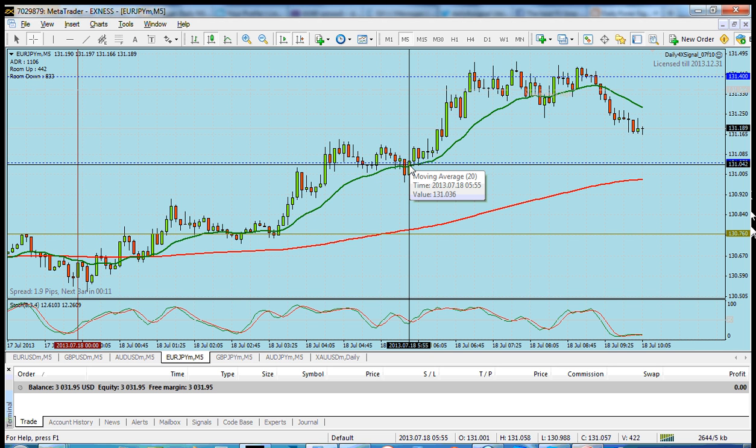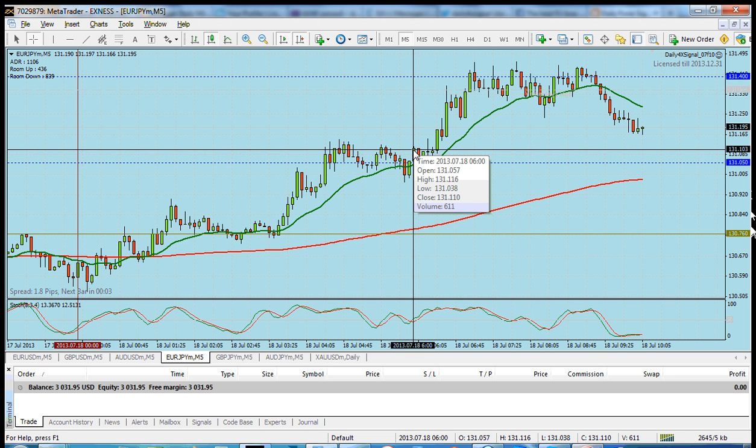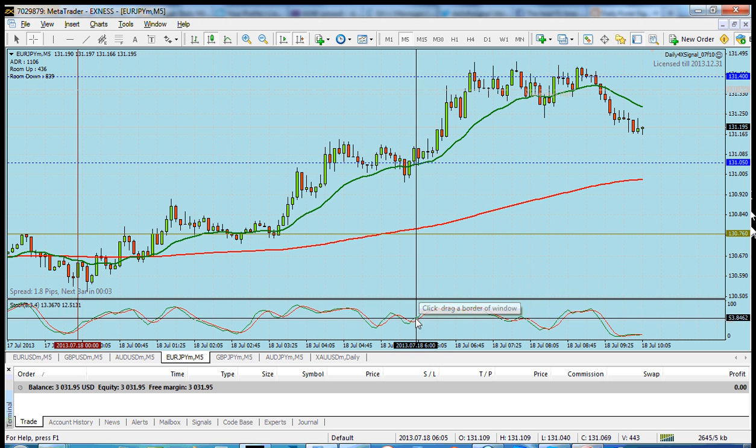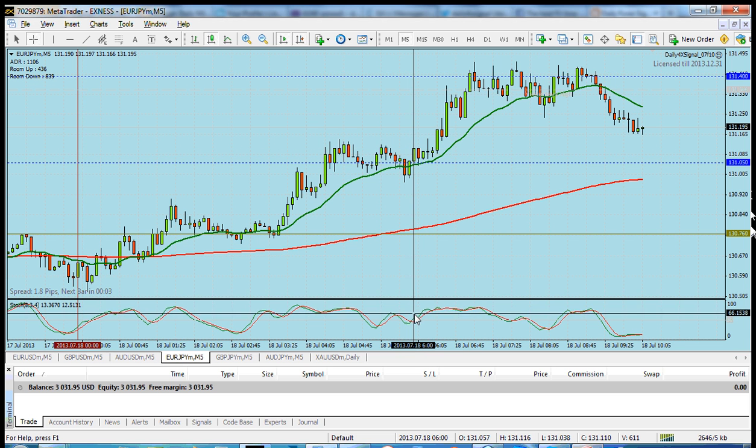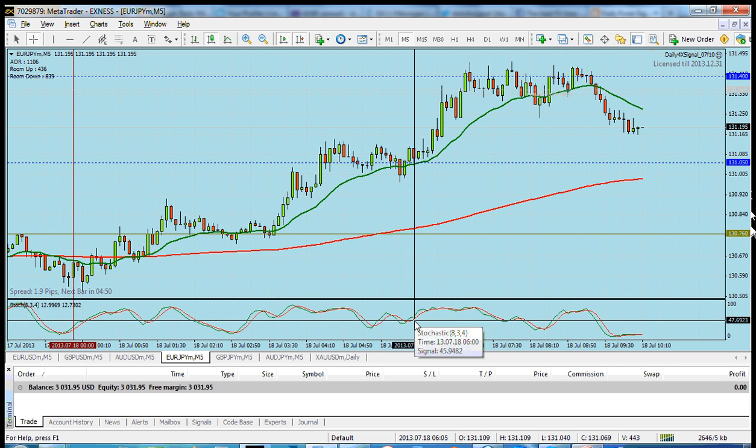The stochastic is below 50 and turned around, but the green line has not crossed the red line in the stochastic. So we wait for the next candle. On this candle, the green line has crossed the red line and is looking up from 50.